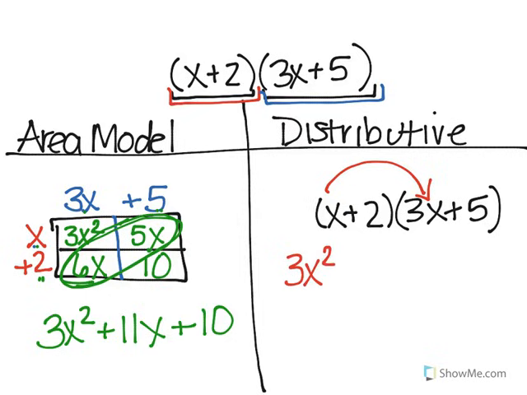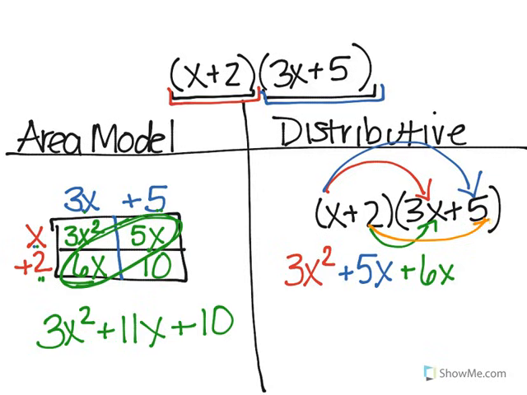Next I'll multiply x times 5, which is 5x. Next I'll multiply 2 times 3x, which is 6x, and finally I'll multiply 2 times 5, which is 10.